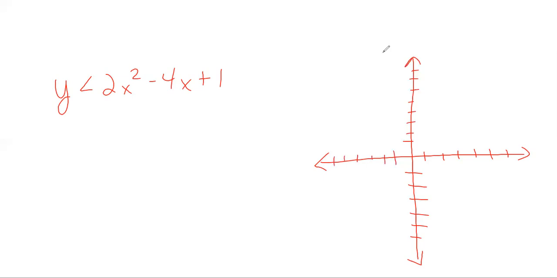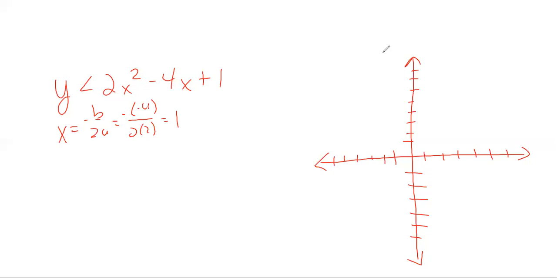All right. So, first thing I got to do is find my vertex. So I'm going to find the axis of symmetry. X is equal to negative b over 2a, right? Which here is negative negative 4 over 2 times 2, which is 4 over 4, which is 1. So I know on the x, we're at 1. Well, take that, plug it in there.